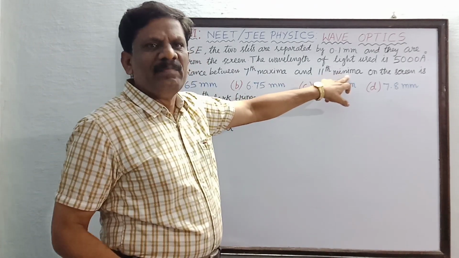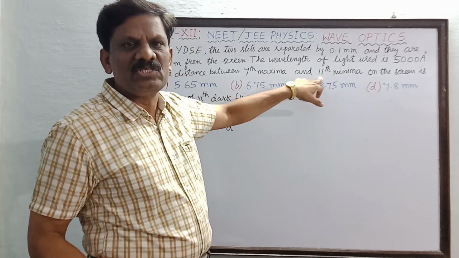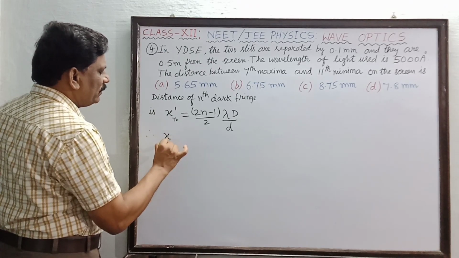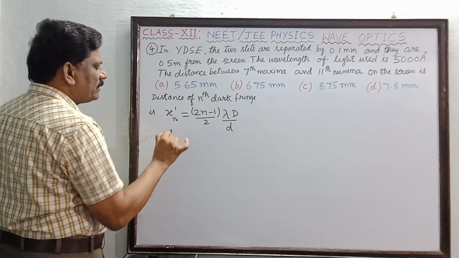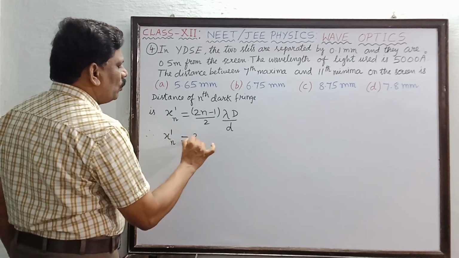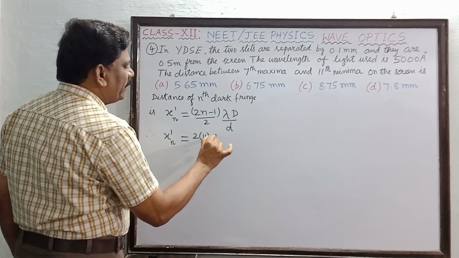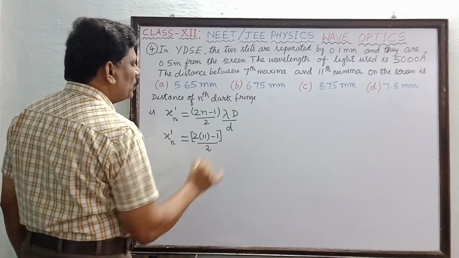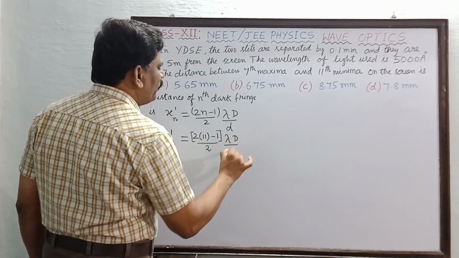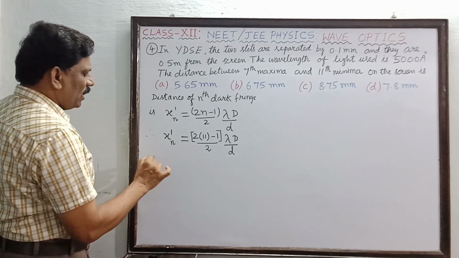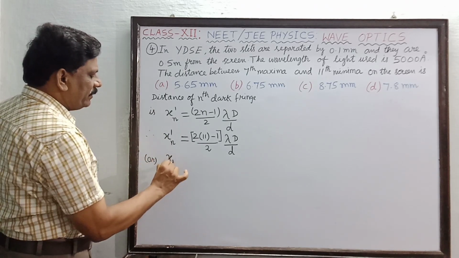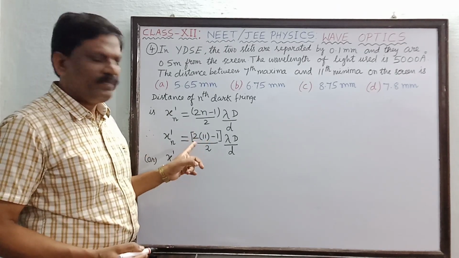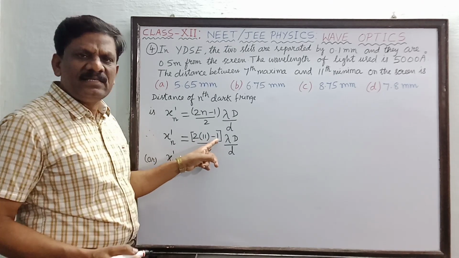So what is the order of the minima given here? It is 11. So n is equal to 11, is it not? Therefore xn dash is equal to (2 into 11 minus 1) divided by 2 into lambda D by small d, or xn dash is equal to 2 into 11 is 22, 22 minus 1 is 21.